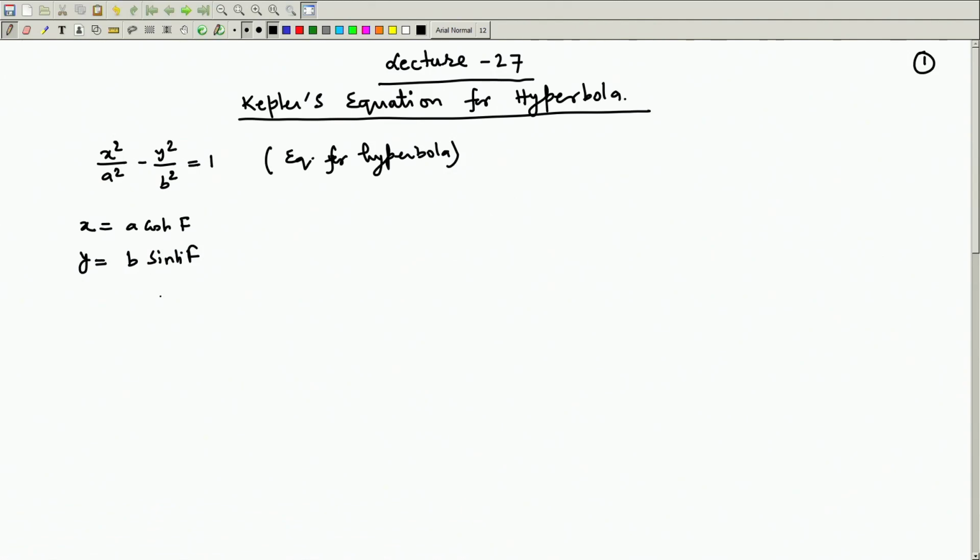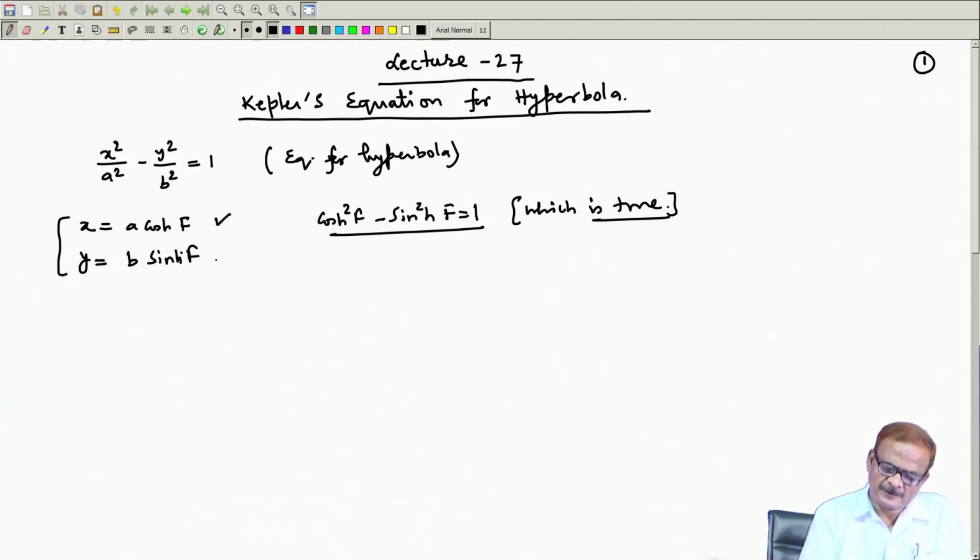If we insert this, we get cosh square f minus sinh square f equal to 1, which is true. Hence x and y, described by a cosh f and b sinh f, lie on the hyperbola.